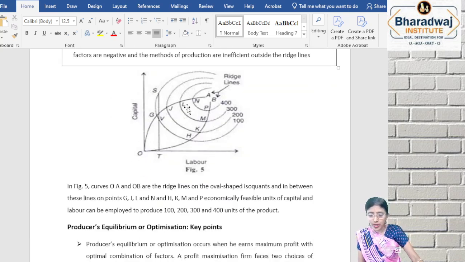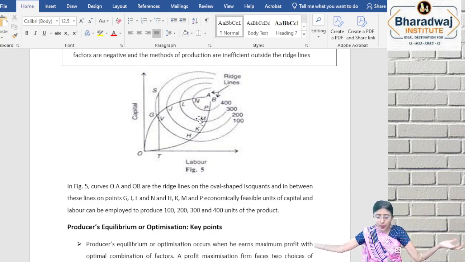And look at the explanation here. OA and OB are the ridge lines on the oval shaped isoquant curve, and in between the lines you have points like G, J, L, N, H, K, M, P. Between these, all are efficient.